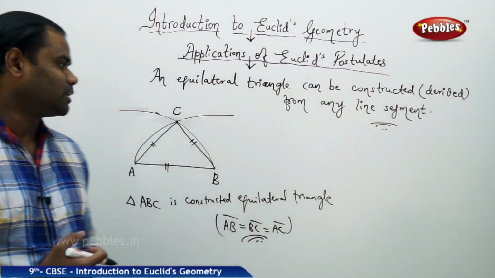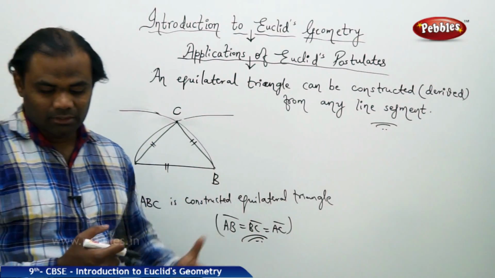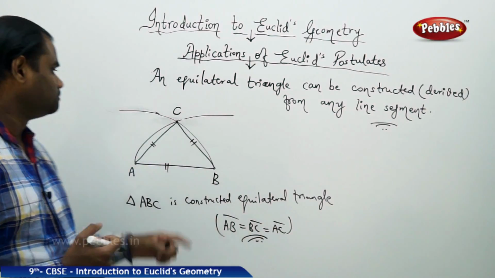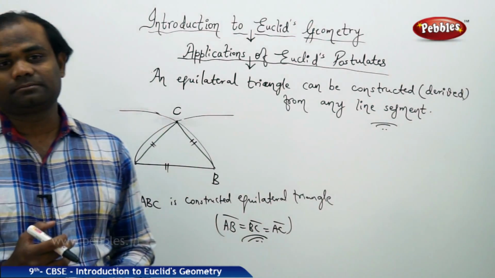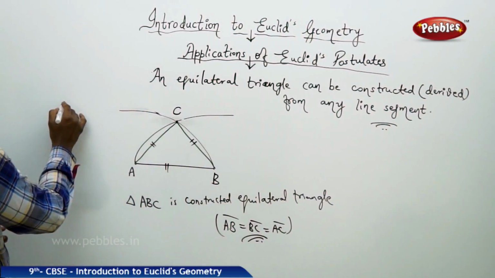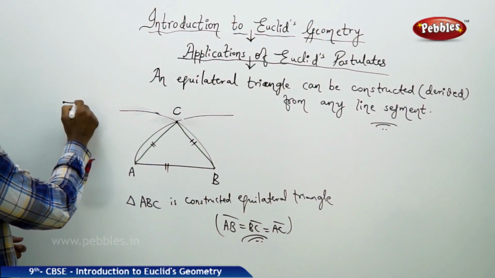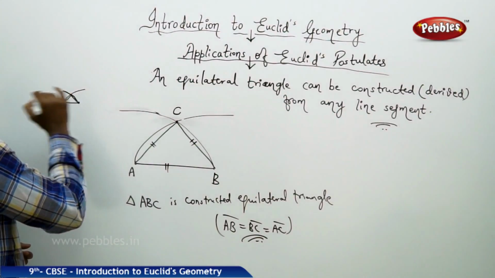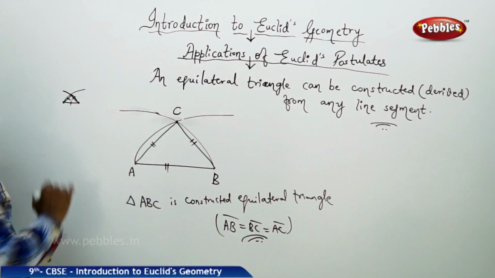In this manner, any line segment can be taken and I get an equilateral triangle. I take another line segment which is smaller in size, use the same concept of cutting the arcs, and then I join to get an equilateral triangle.